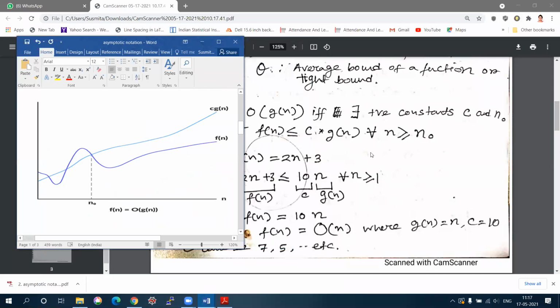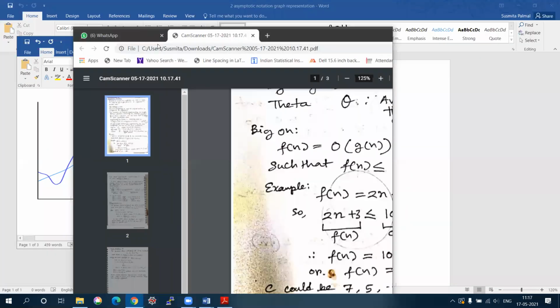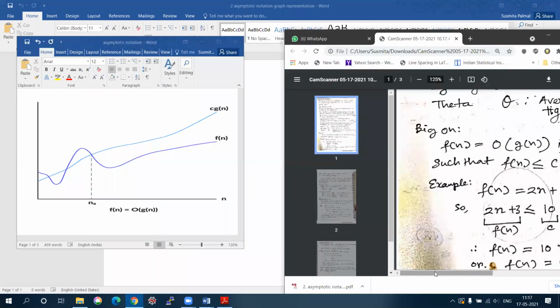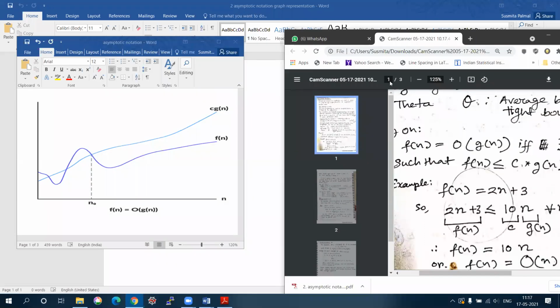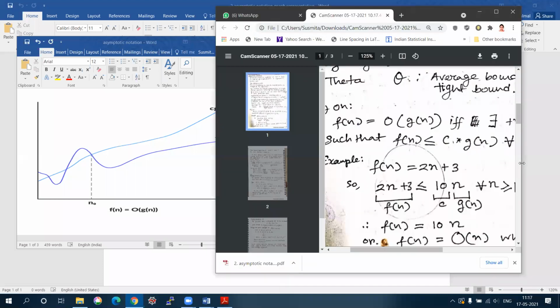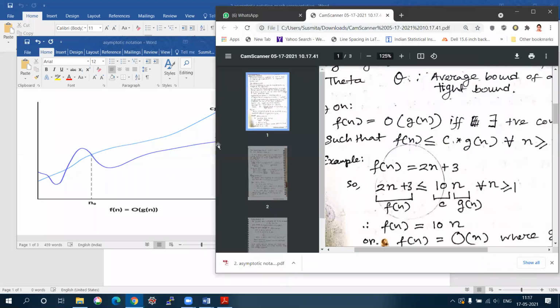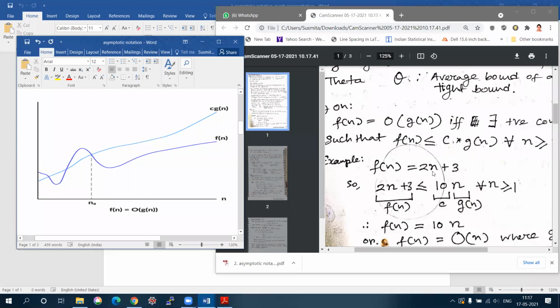As per the example, our function is f(n) equals 2n plus 3. And what is our g(n)?